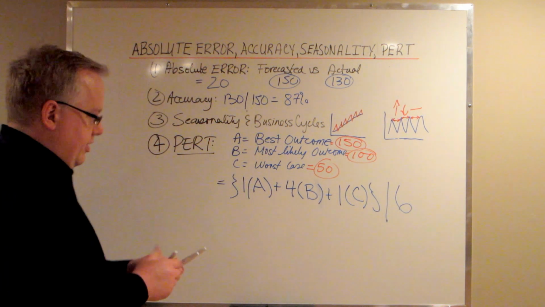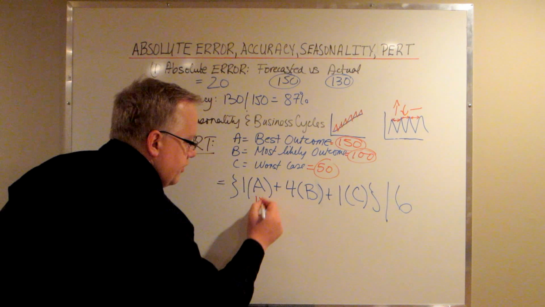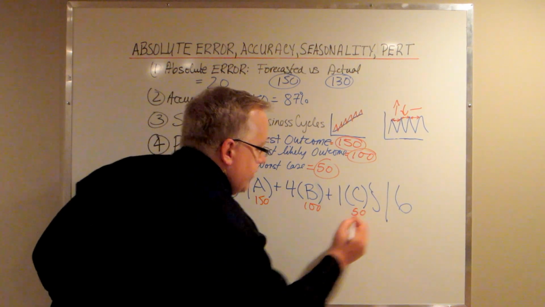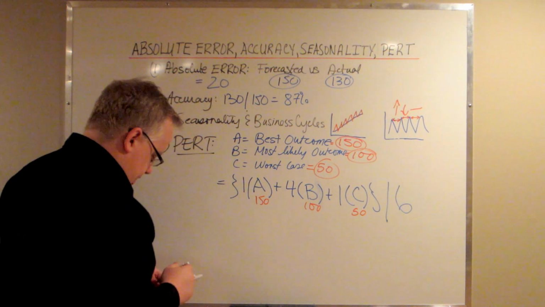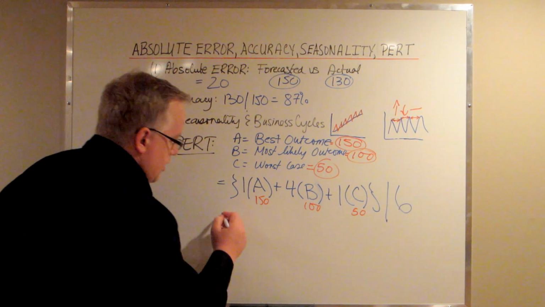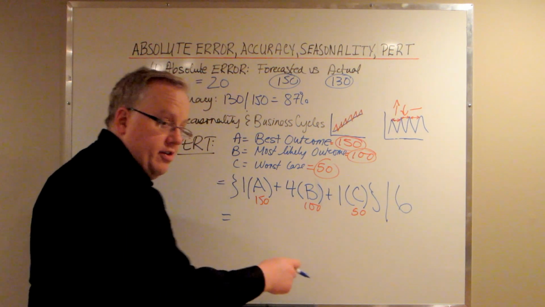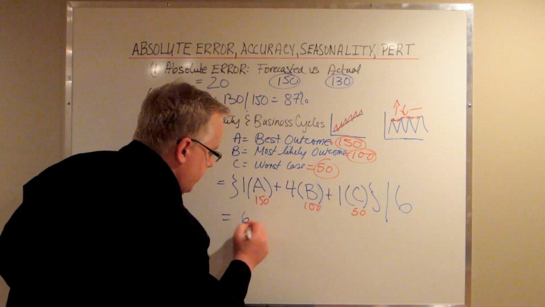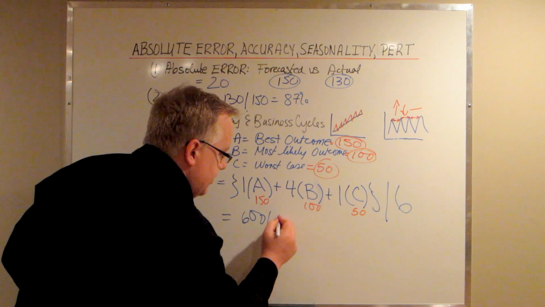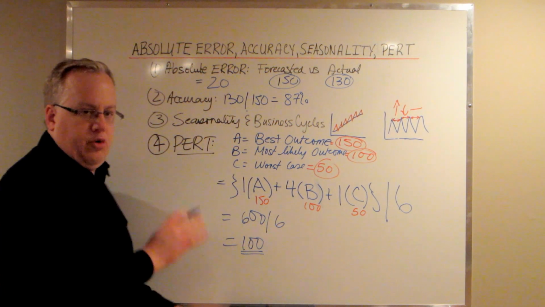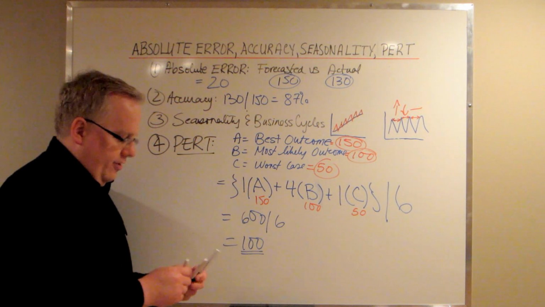So if we plug in these numbers, this is 1 times 150, 4 times 100, and 1 times 50. This is going to be 150 plus 400, which is 550, plus 50 is 600, so it's 600 divided by 6, which gives you a forecast of 100 unit sales.